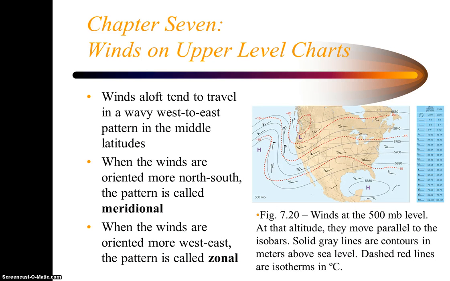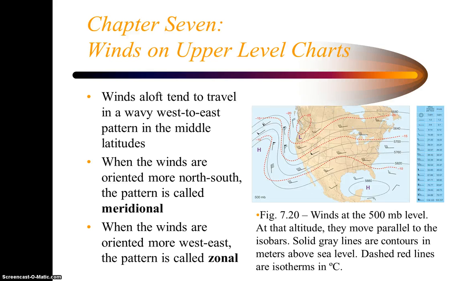On upper level charts, winds are depicted as moving parallel to those contour lines or lines of equal height. We'll simply call them the contour lines. The winds in the upper atmosphere tend to travel in a wavy west-east pattern in the middle latitudes. Meaning that's where you live. Okay, Fresno is in the middle latitudes, 37 degrees north latitude.